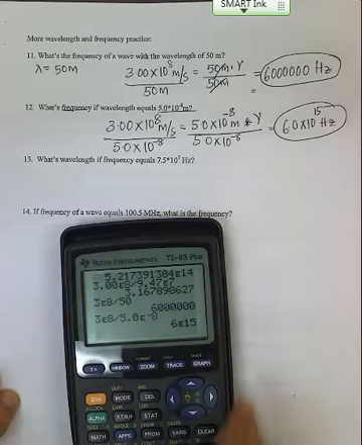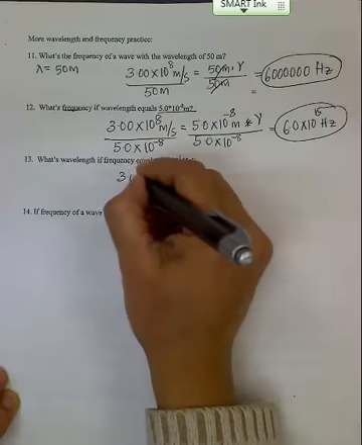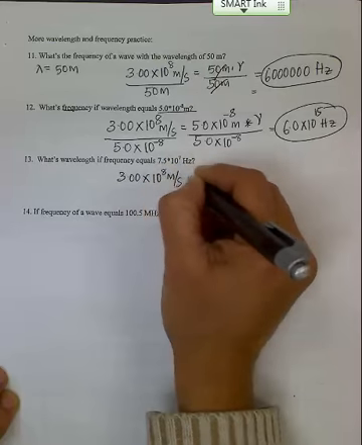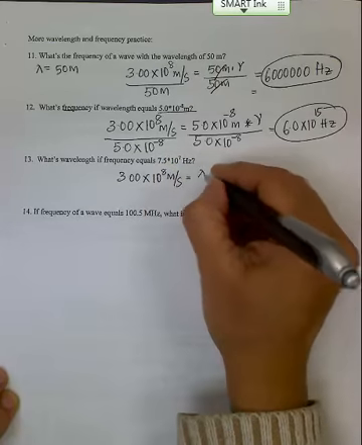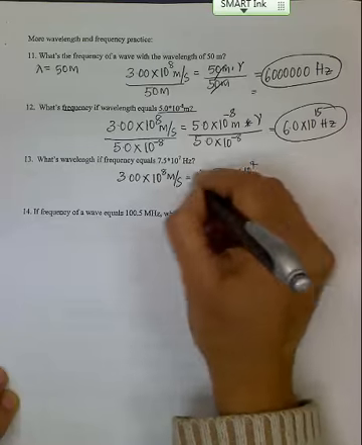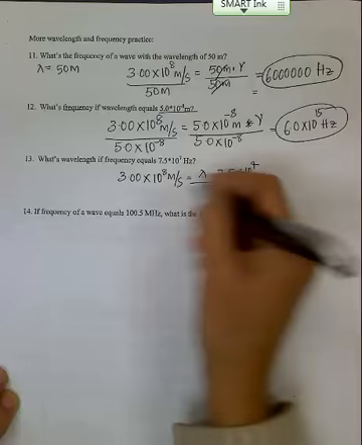If I move on to the next problem, my frequency is given. Again, I'll substitute in the equation: speed of light equals my wavelength times my frequency, and I will divide both sides by the frequency to solve for the wavelength.